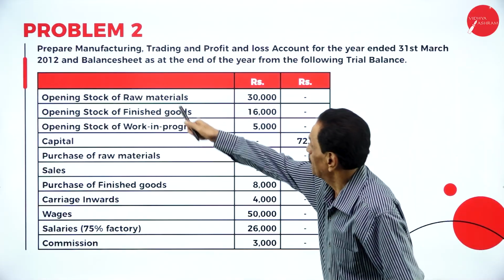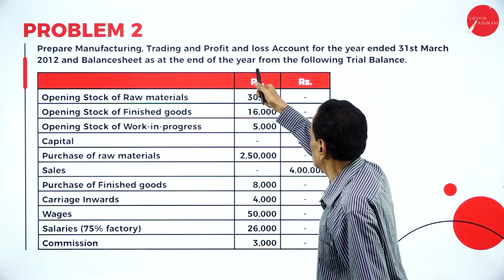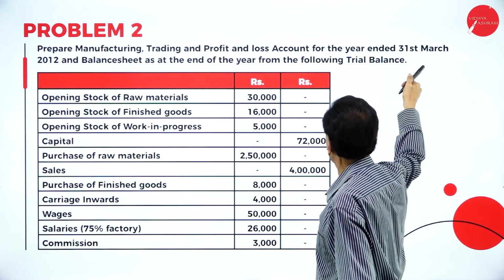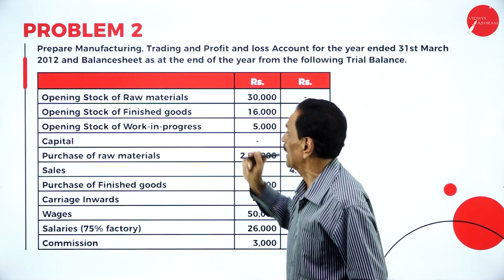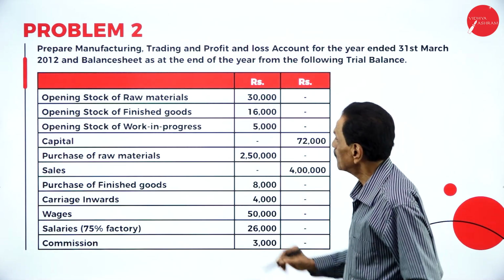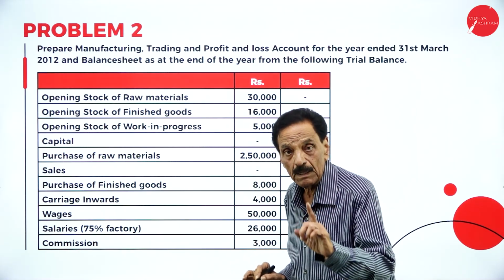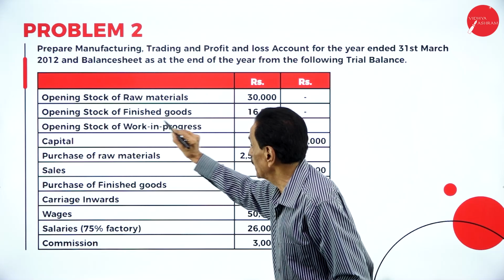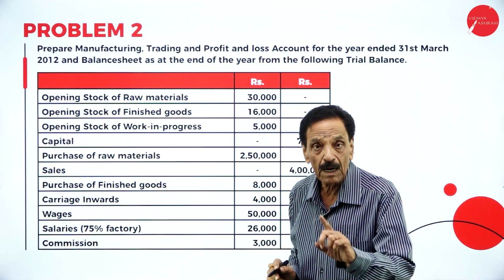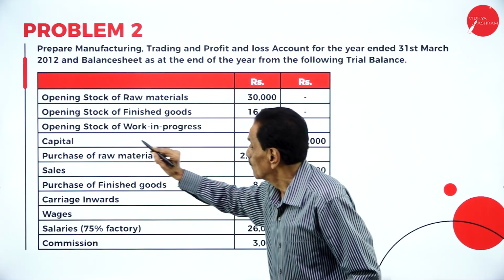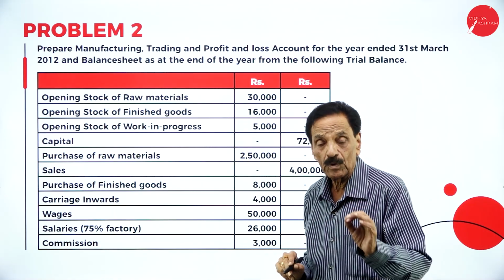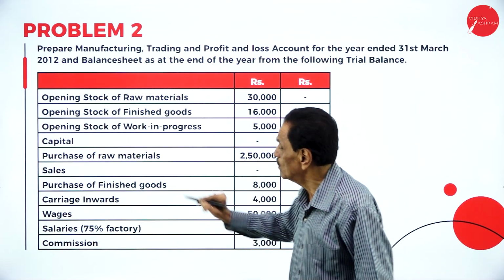We'll move on. Prepare manufacturing, trading and profit and loss account for the year ended 31st March 2000, and balance sheet as on that day. Opening stock of raw material will come in the manufacturing account. Opening stock of finished goods will come in the trading account. Opening stock of work in progress will come in the manufacturing account.